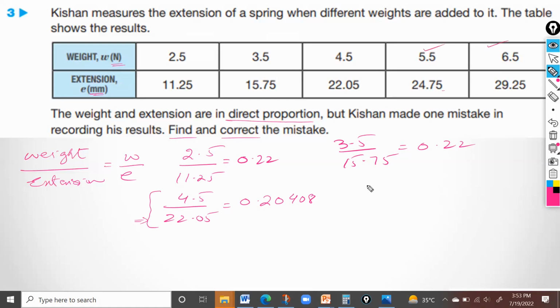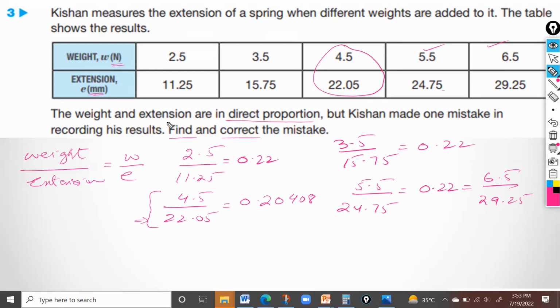So we check 5.5 over 24.75 and 6.5 over 29.25. Both of them give 0.22 when I divide the numerators by the denominators. So we find that only this reading is the wrong one.